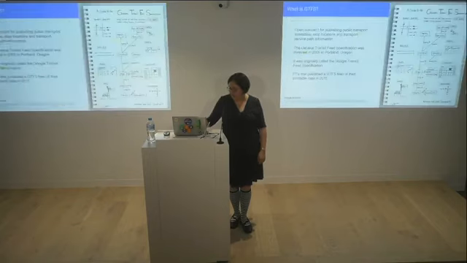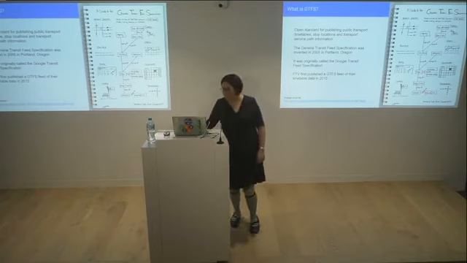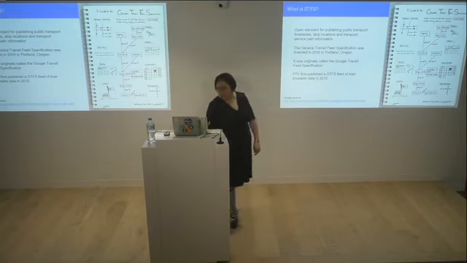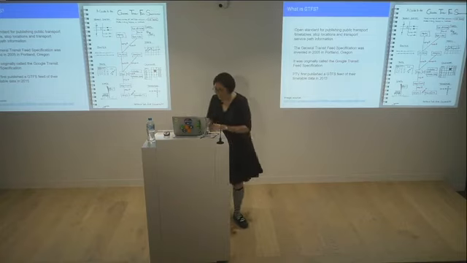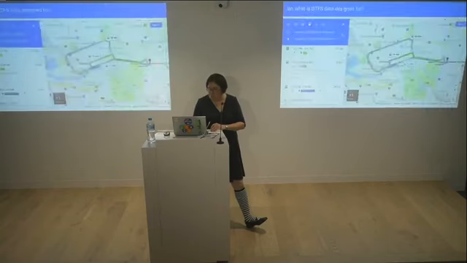PTV first published a GTFS data set in 2015, so we haven't had the data for very long. I put in this lovely picture because it shows how the different files connect, because the data is actually quite complicated, so I thought that was a really neat way of showing it.